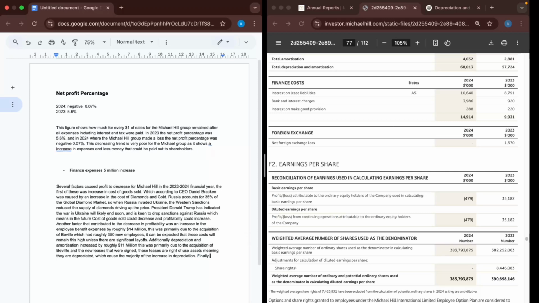Finally, finance expenses have increased by roughly 5 million.